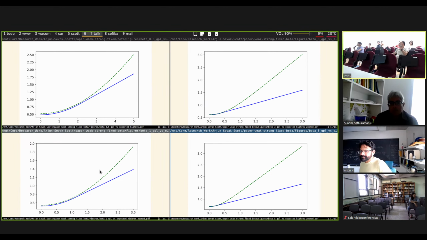And maybe another question: sometimes, especially in percolation, you just assume that you're in the supercritical regime, and then you can obtain more and more information.